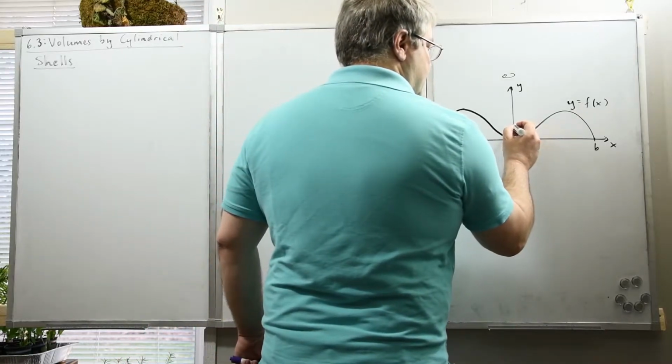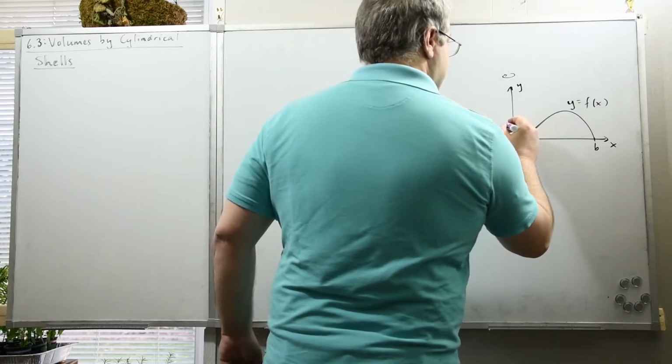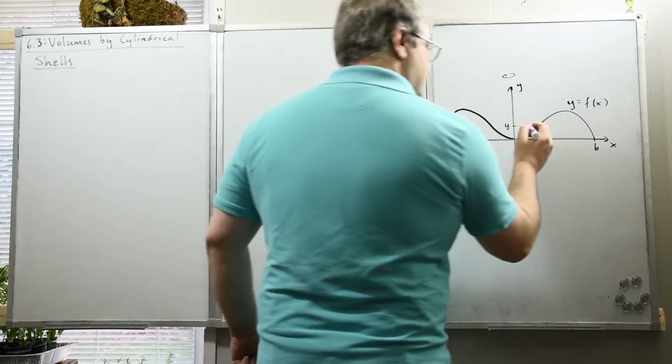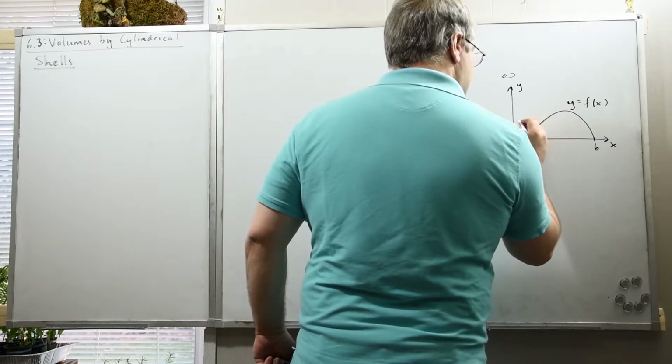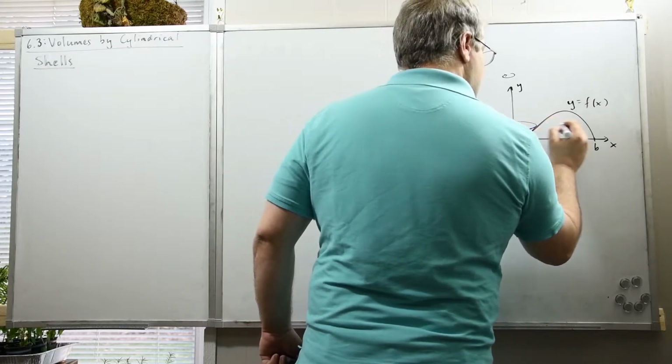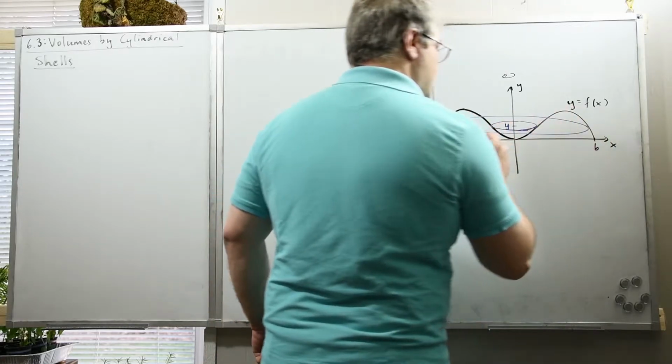And if we were to take a look at some sort of y value, and take a look at the cross section, we get this washer.